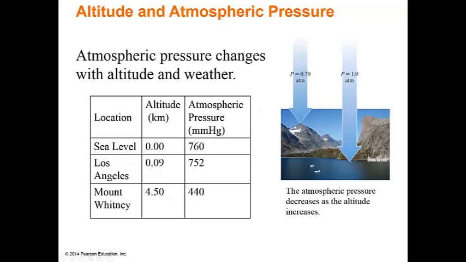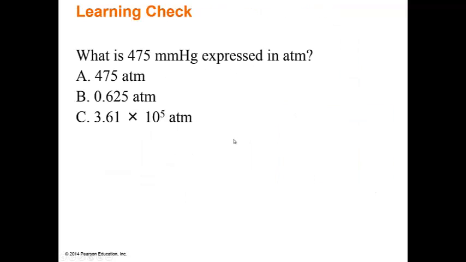Okay. If we say that 475 millimeters of mercury is expressed in atm, what is it? Well, we know that 1 atm equals 760 mmHg.